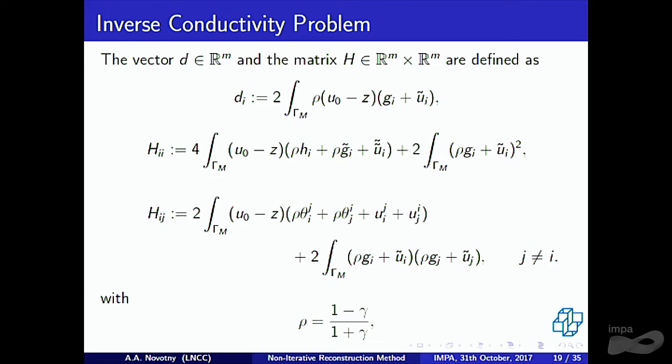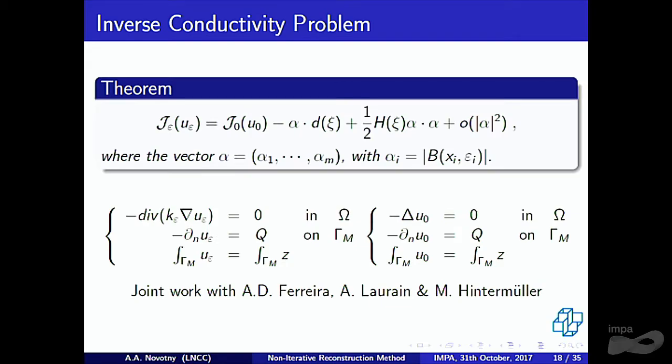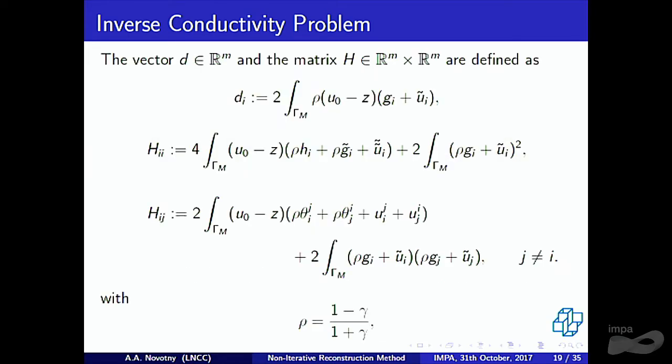D is the first order topological derivative written in this way, where each entry is given by this quantity, where U0 is the solution to the original problem, zeta is the target, and these are auxiliary functions that I will just present to you. I will not bore you with the derivation. This is quite long, quite technical, but it doesn't matter. The important thing is the idea behind.